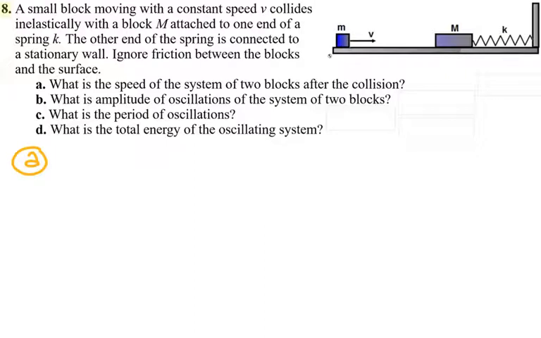Momentum before: I have the mass with some velocity. This is the information that is given, and the other mass is not moving. So I have the mass of the other object and its velocity is zero. Then afterwards it looks like they will be stuck together. So I have again mass plus the other mass and the velocity of both.